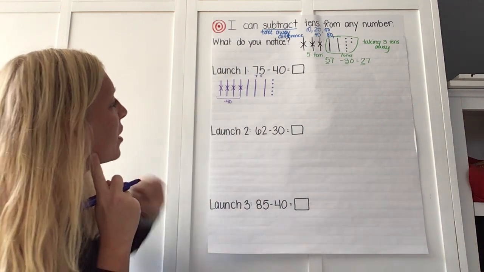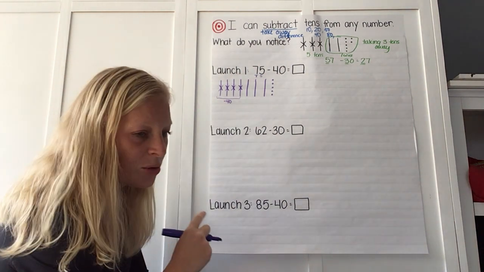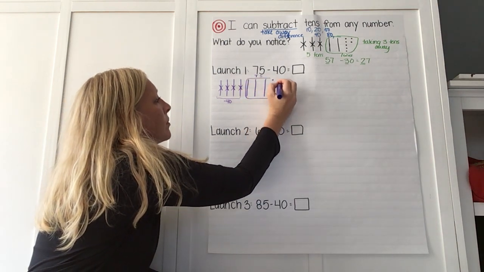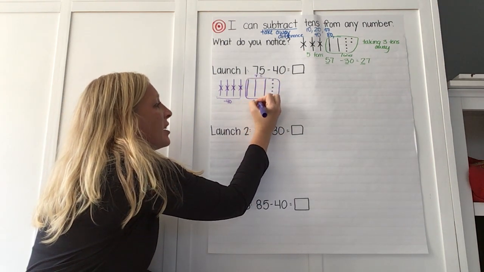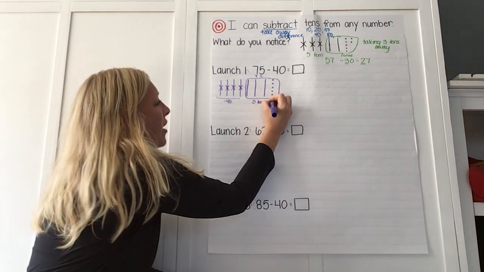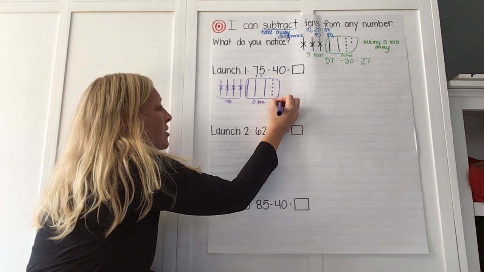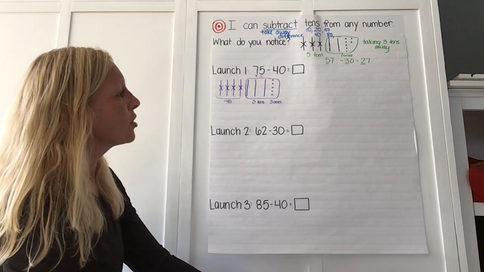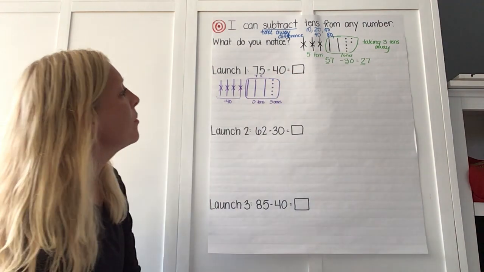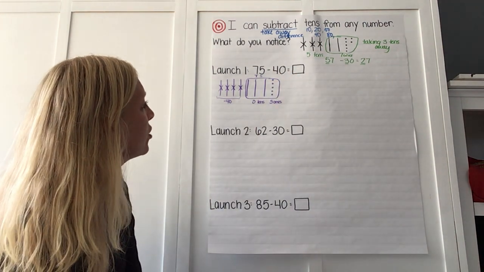And then you took away 40. And what did you notice? You had 3 10s left over. And you had 5 1s left over. So then what did you say was the difference between when you had 75 and you took away 40?